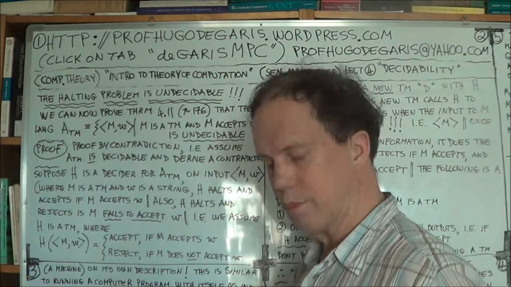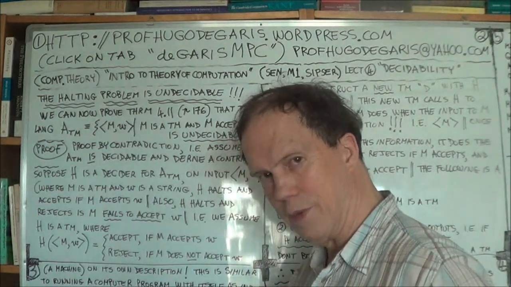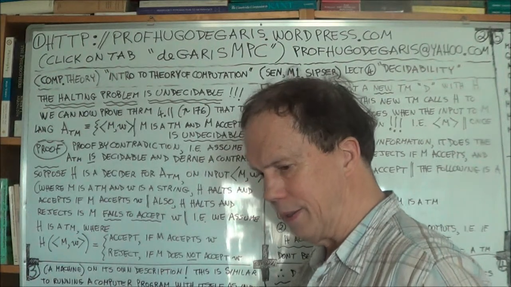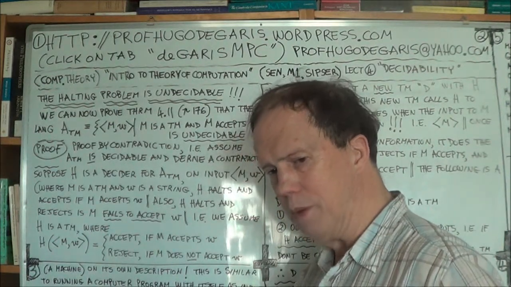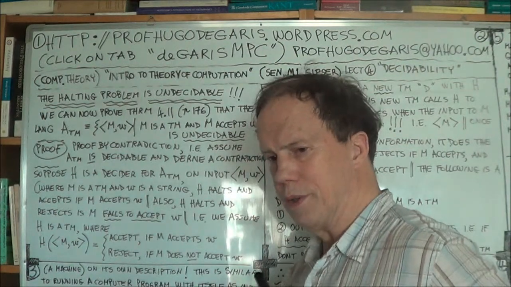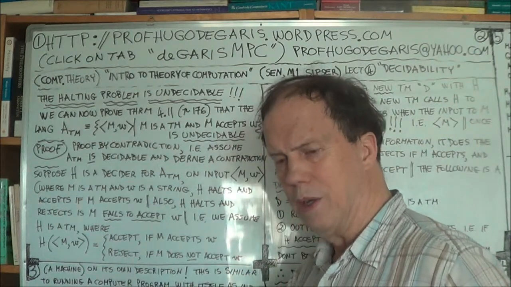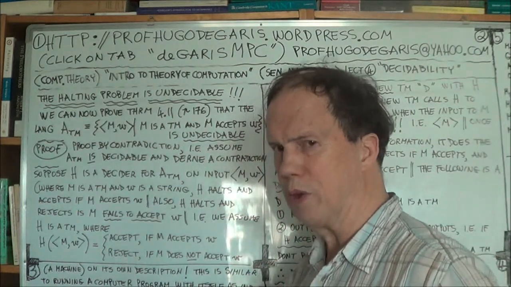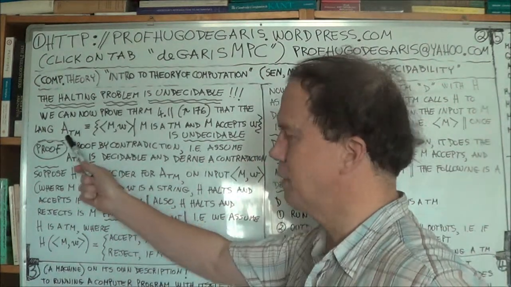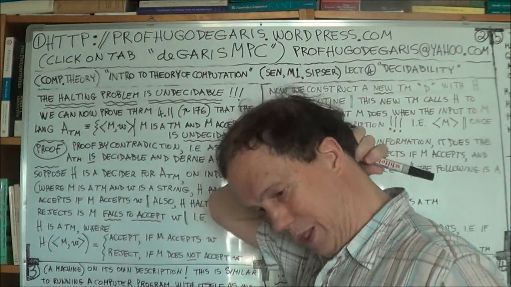Steadfast method of proof. I've used it a lot. As usual, in a proof by contradiction, you assume the opposite. You start with the opposite of what you really want to prove. And what we really want to prove is that this is undecidable.